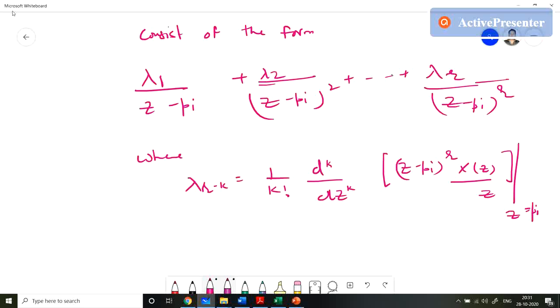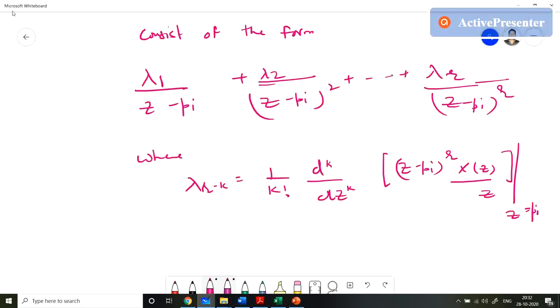We will see some examples when we do the inverse z transform. Then we will do this partial fraction analysis and solve some examples related to it. We will understand much better when we solve some numerical problems.